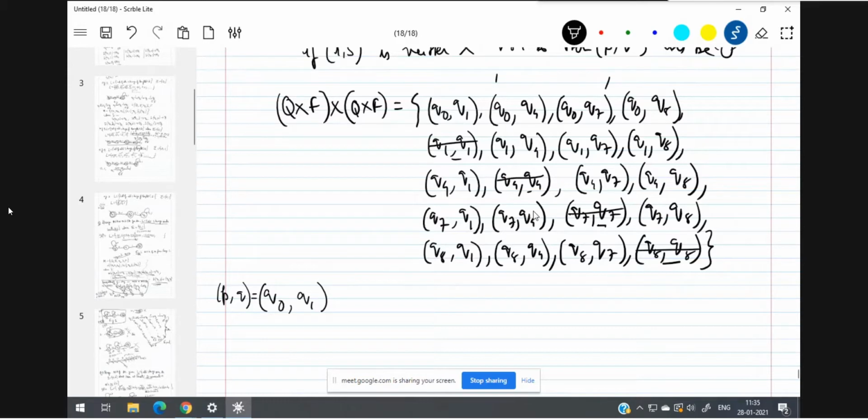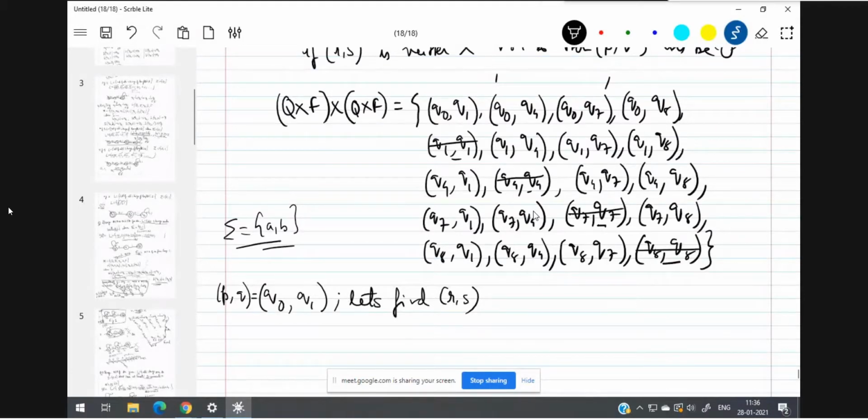Okay, fine. Now let's find R comma S. As per the diagram given to us, the input symbols are A comma B.